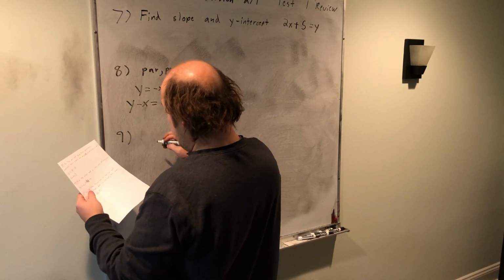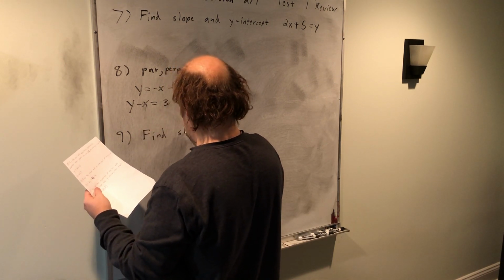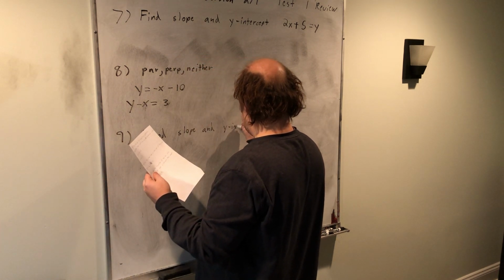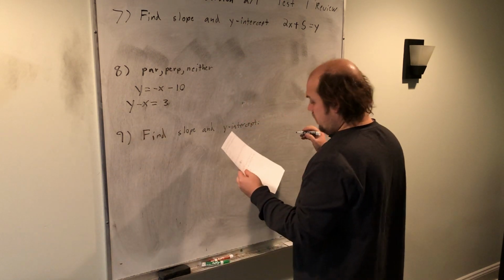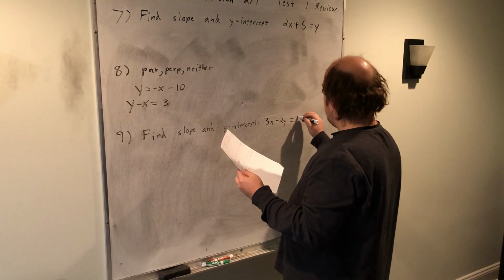For number 9, we need to find slope and y-intercept, given 3x minus 2y equals 14.